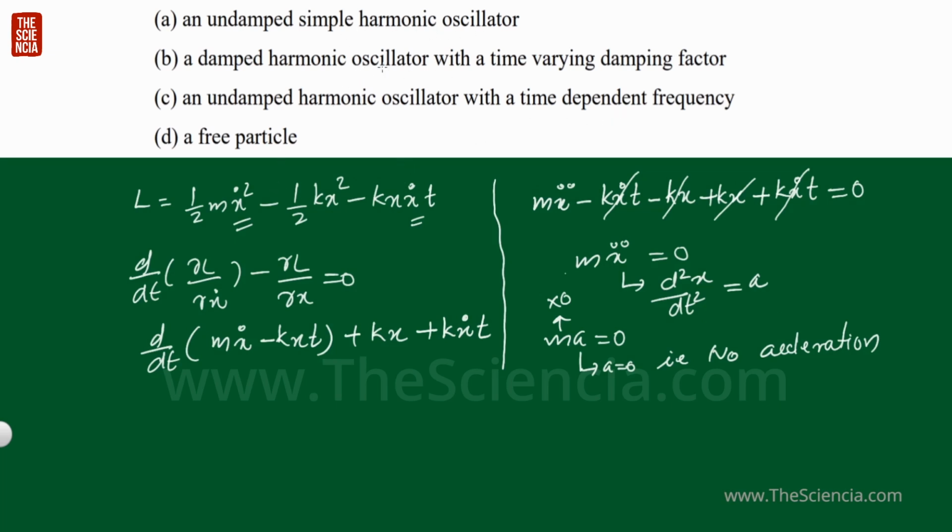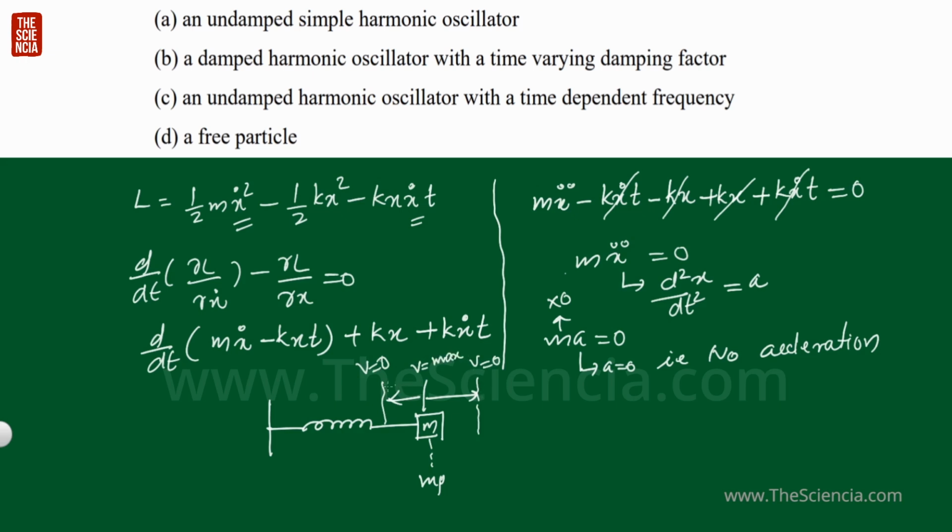So what is the acceleration of a harmonic oscillator? Suppose I am taking a simple harmonic oscillator. This is mass m and this is its mean position, and it is oscillating about this axis. You can see when this mass is at this end, its velocity will be equal to 0, and the velocity will be maximum when it is at the center.